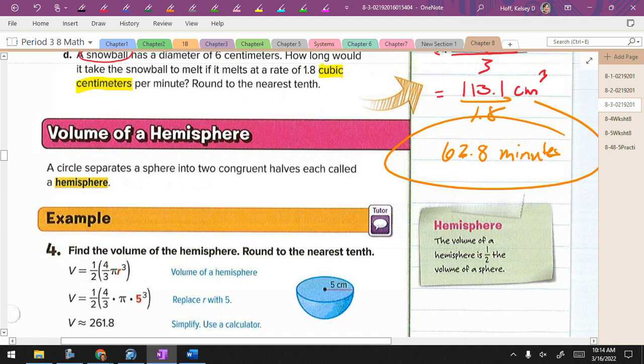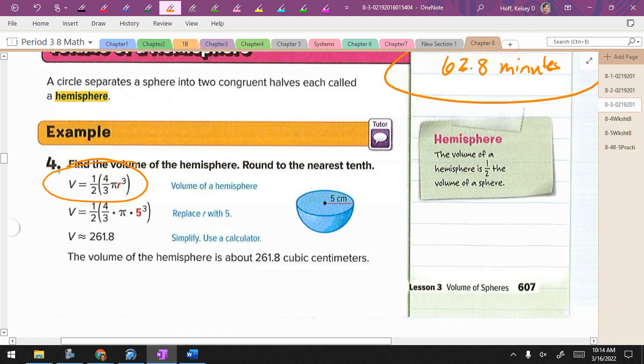Now they make this crazy equation. You're like, great, now I have to remember another formula. You don't have to remember another formula, okay? If you found the volume of the whole thing, and in the very last step we divide it in half, you would have a hemisphere.